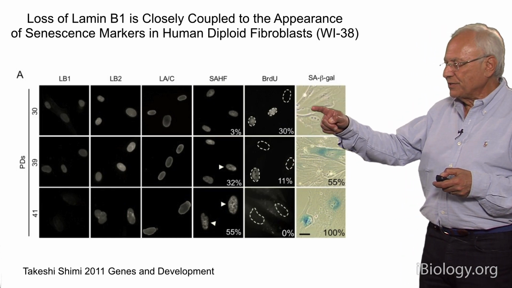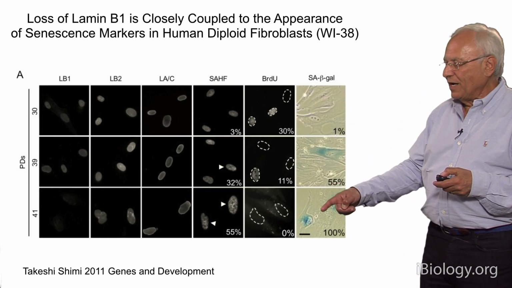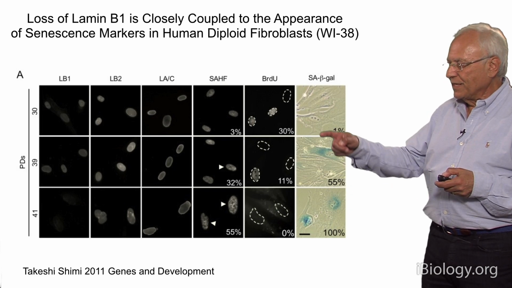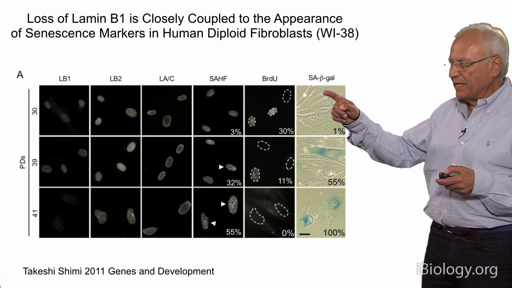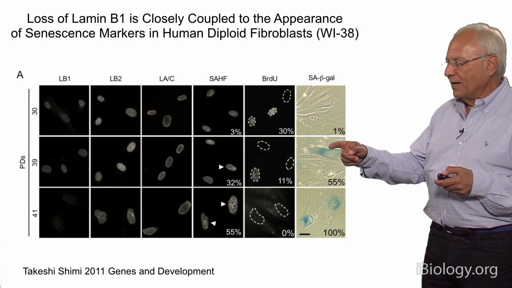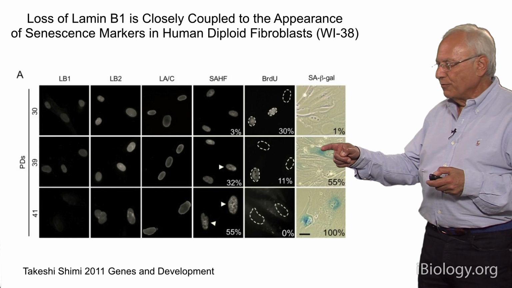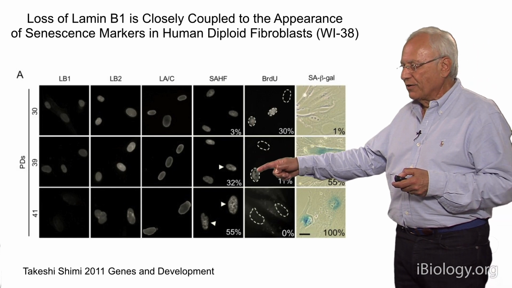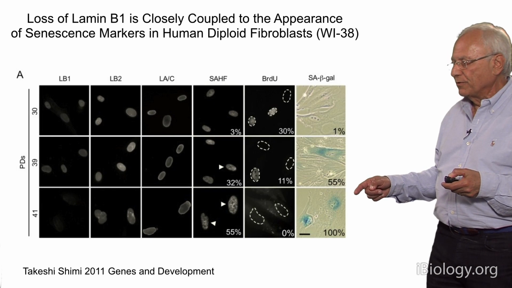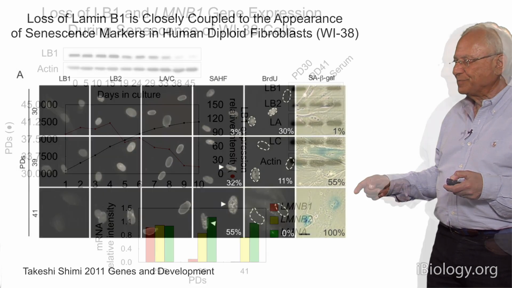And you can also see the increase up to 100% of the cells containing what's called senescence-associated beta-galactosidase. All of these are markers for senescence, and we'd like to add to that biomarker list lamin B1, and this has been verified by several different laboratories now.